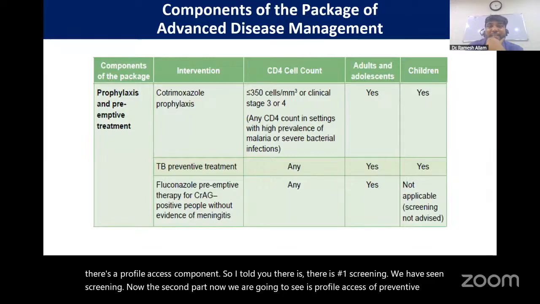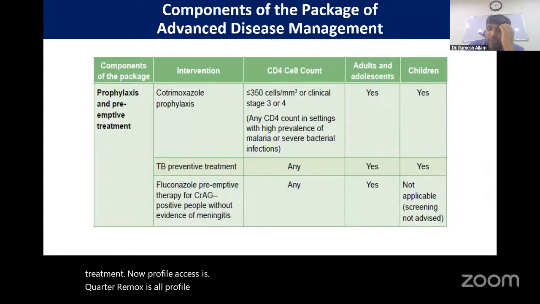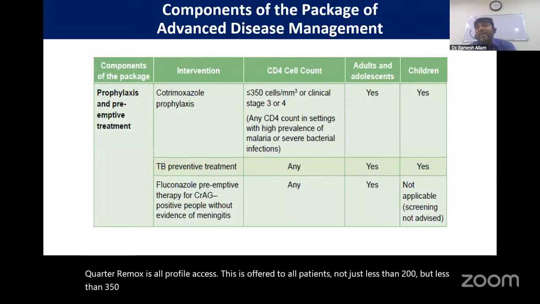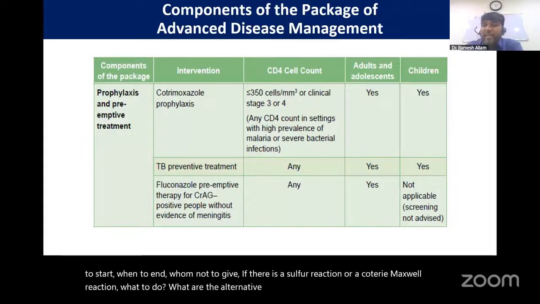Now prophylaxis is cotrimoxazole prophylaxis. This is offered to all patients, not just those with CD4 less than 200, but less than 350. All patients should be covered. And the same guidelines for cotrimoxazole, when to start, when to end, whom not to give, what to do if there is a sulfur reaction or a cotrimoxazole reaction, what the alternative drugs are, all that we can apply here.